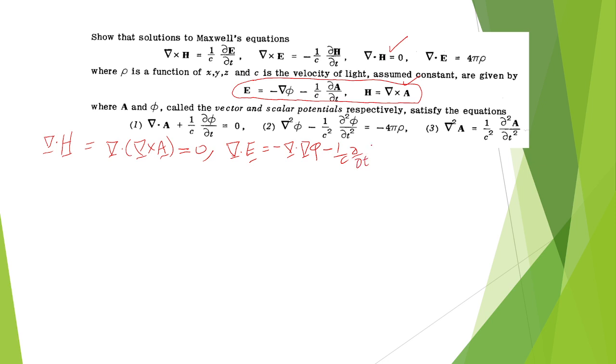So I interchange partial by partial t with the divergence, divergence of A. The value of this is 4 pi rho, that is the left hand side value, and this is minus nabla square phi.